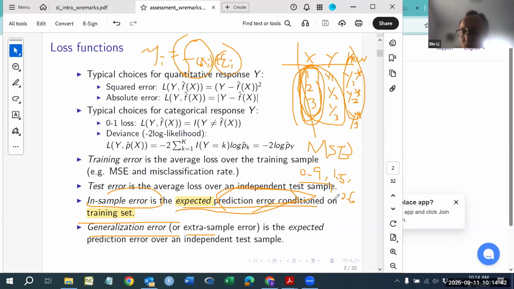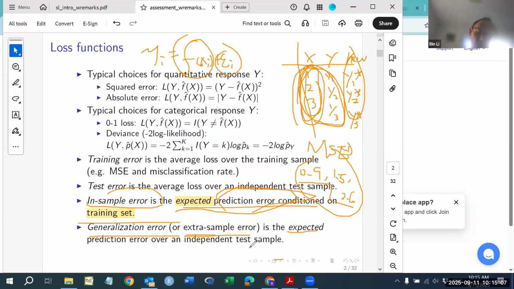Now you can see we have a new set of X. And then I use the trained model to predict on this new data set. Of course, we have the Yi's also. So that's called extra-sample error.